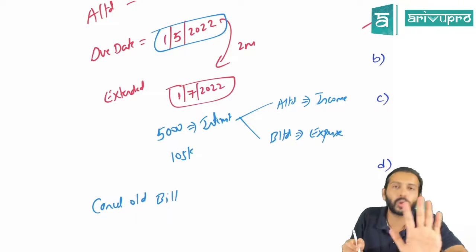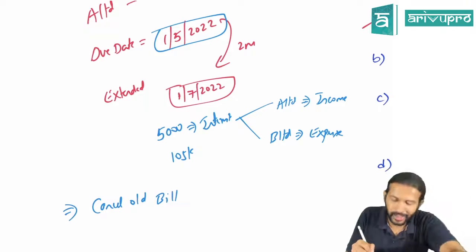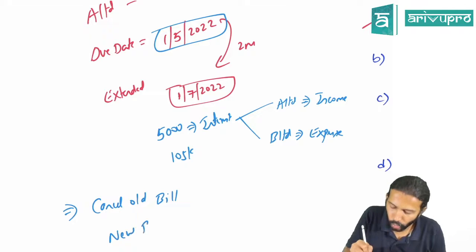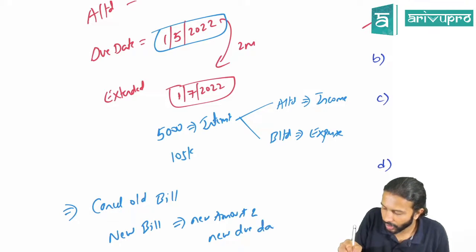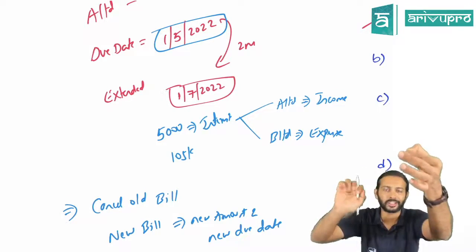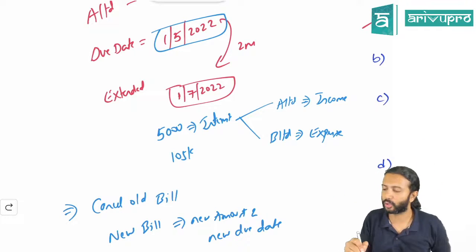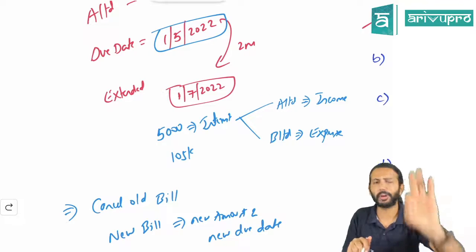Instead of the old bill, draw a new bill for the new amount and new due date. So you cancel the old bill receivable and draft another bill receivable with a new due date and the new amount. These are the concepts you need to remember for renewal of the bill.